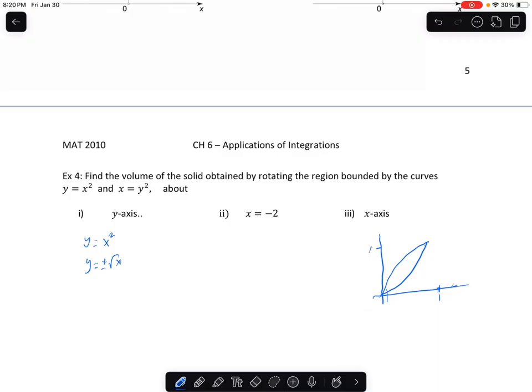So they meet here. We can see this is the point 1, but we will also check it from the equation. So this is our region.